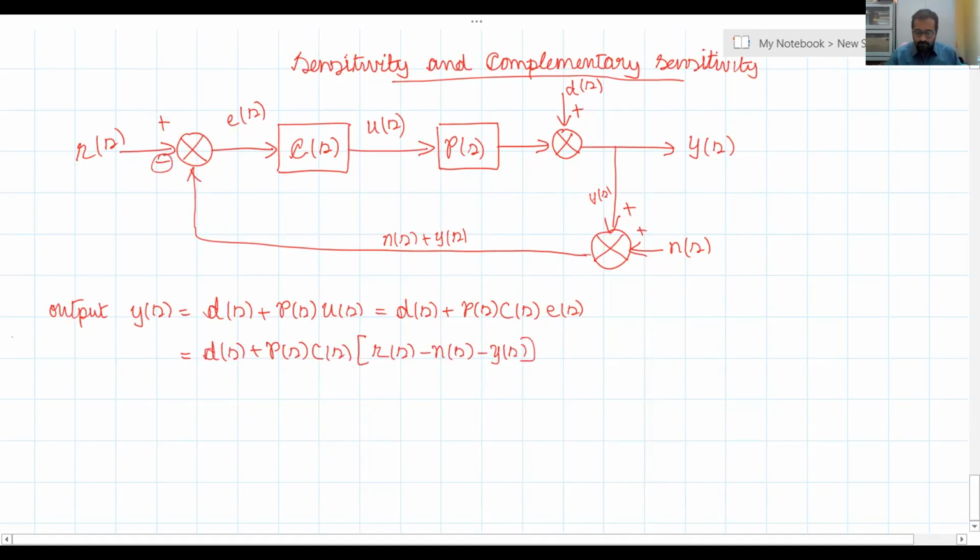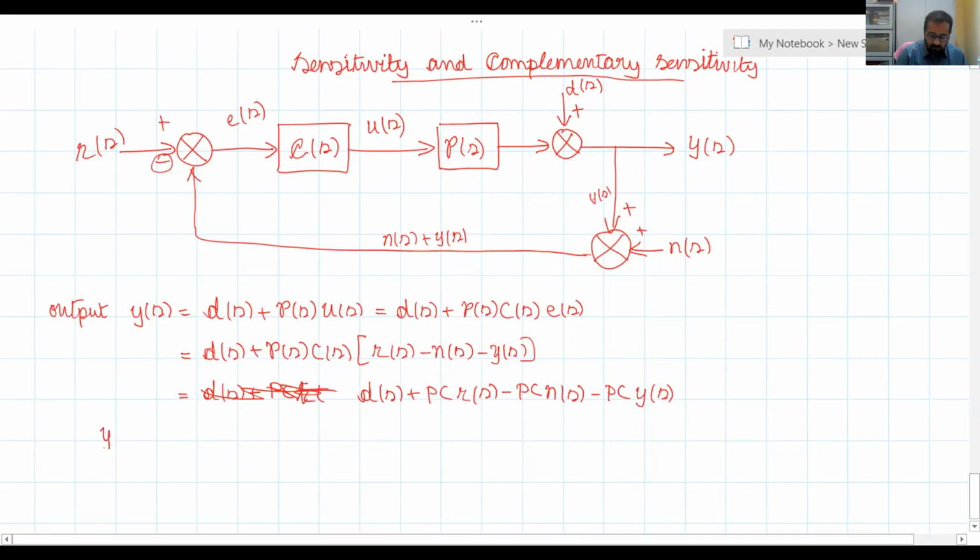Don't forget. So this I can expand. As told before, instead of P of S, I will simply write P, and when I write C, it means C of S, just for brevity. So I will write D of S plus PC into R of S minus PC into N of S minus PC into Y of S. Now I will take this Y of S term to the left side.